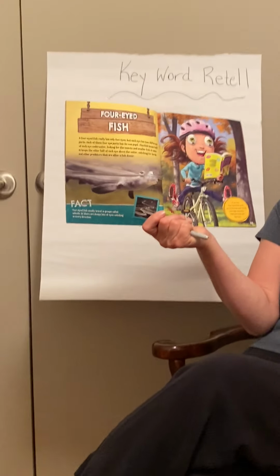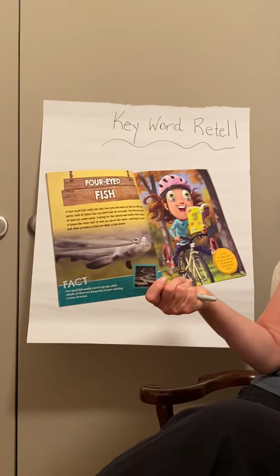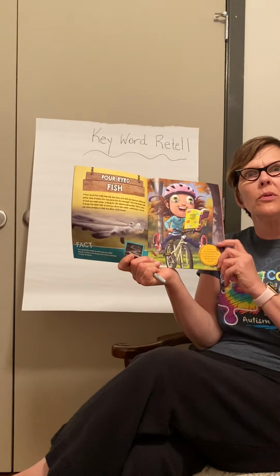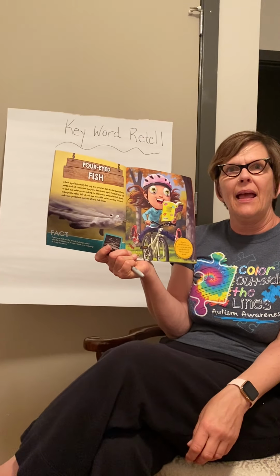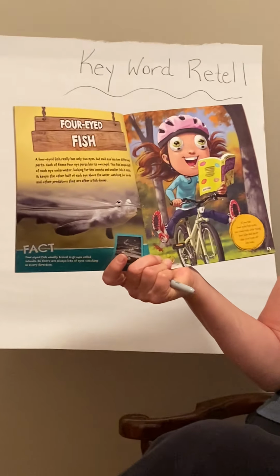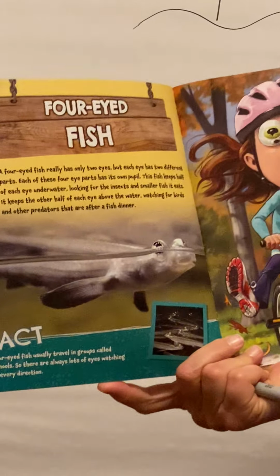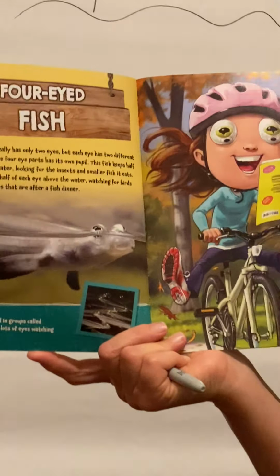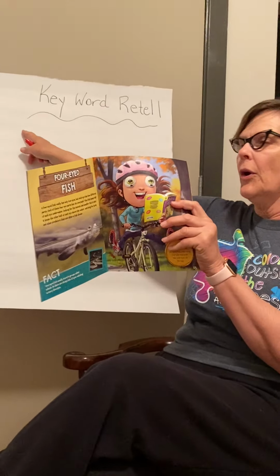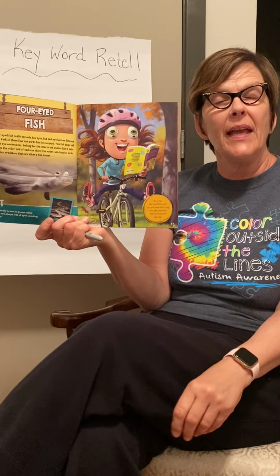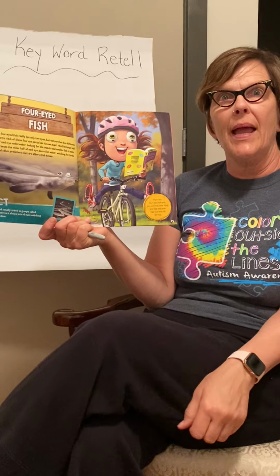So using the four-eyed fish, we're going to read about it and find out how special that pupil is for them, the two pupils that they have. All right, four-eyed fish. Now this again is nonfiction, so we're going to figure out a keyword from our reading, and then we're going to write a sentence or two about that keyword to kind of retell what we read.